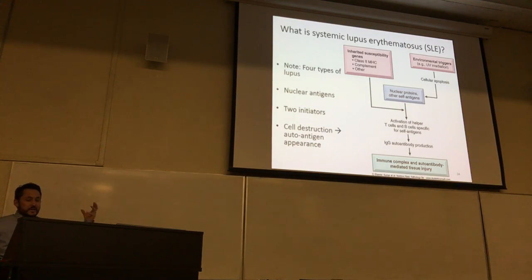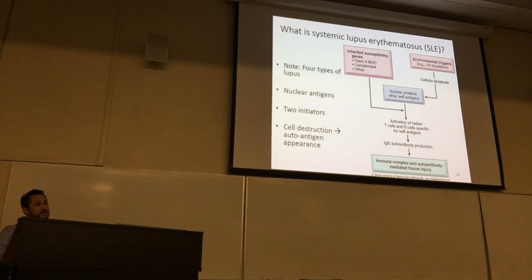So we've got our genetic and our environmental susceptibilities that trigger this. And in the case of lupus, it is one of the more common autoimmune disorders that we see. We've got about one case in about 2,500 people in the population.